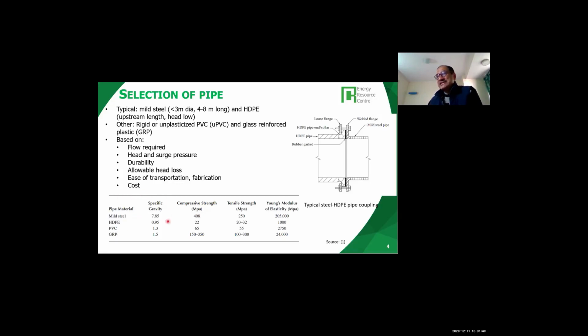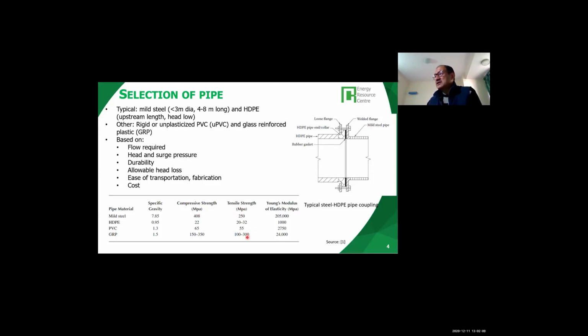From here, you can see mild steel is heavy. It has a specific gravity of 7.85, HDPE is 0.95, PVC 1.3, GRP 1.5. The compressive strength is, of course, the highest for mild steel, and HDPE has the lowest. GRP is a little less than mild steel. For the tensile strength, again, mild steel has the highest.